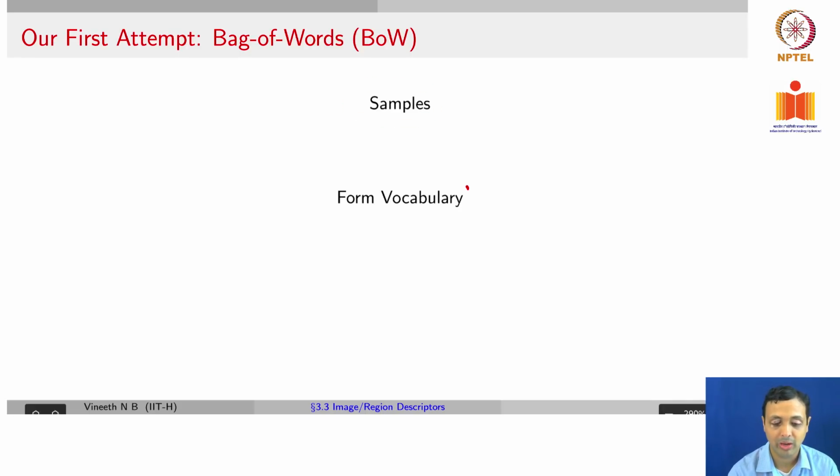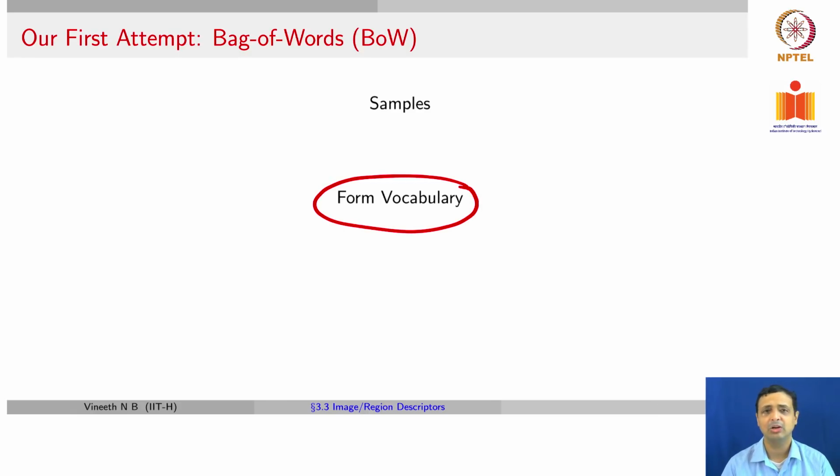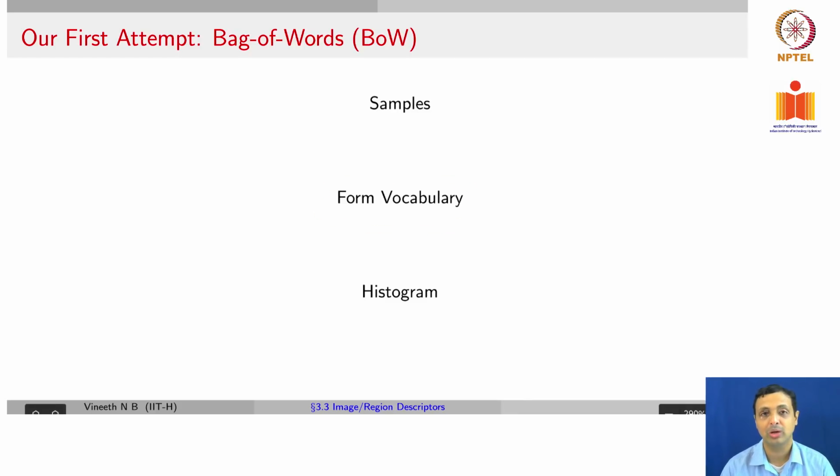Then you form a vocabulary of those data points. What do we mean by vocabulary? A set of common words that exist across images. And finally, based on the vocabulary, we get a histogram, which is simply a frequency count of words in a certain document, in our case, visual words in a certain image.